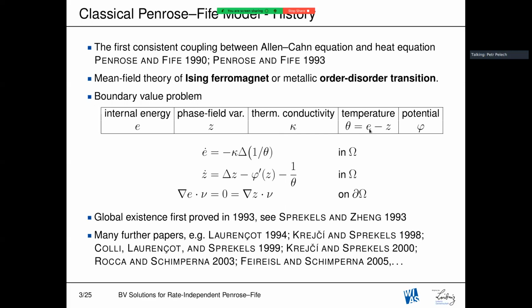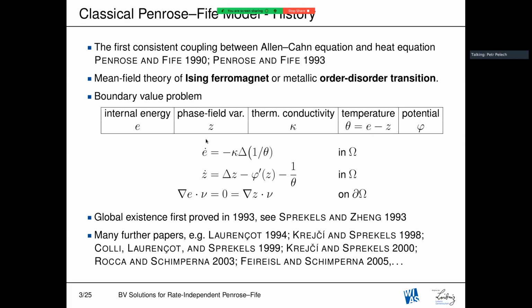I have to say I'm skipping here all the physical constants. So whenever you need some physical unit, feel free to introduce it. We have just one here everywhere. And the phi stands for potential, which describes the phase transition of Z.